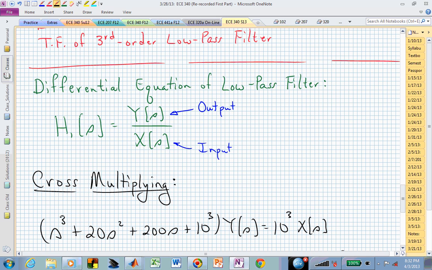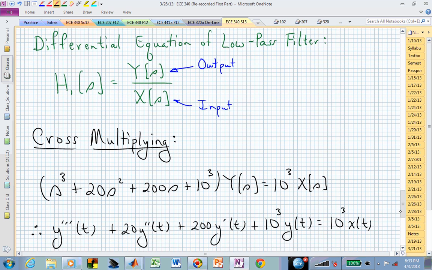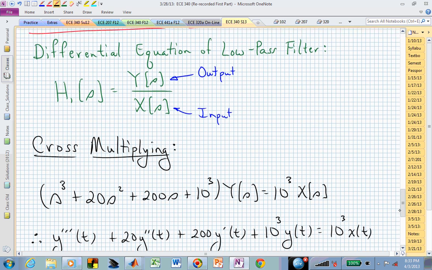First we take this transfer function and go into a differential equation form. Once we have the differential equation form, we want to put that into a block diagram, and in this portion I want to create a block diagram differently than what I've created in the past.